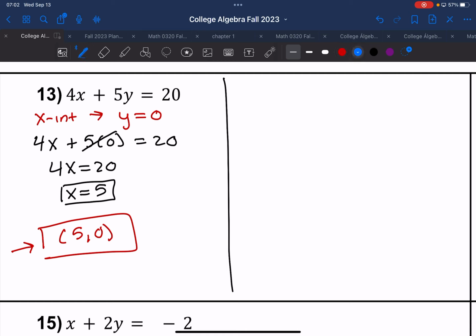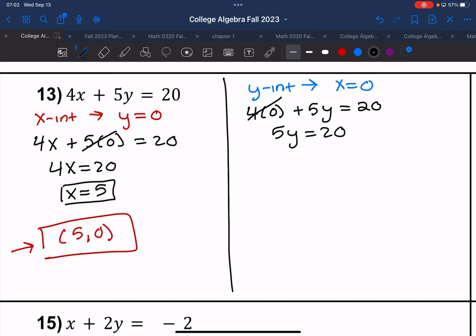Okay. So now we found the x-intercept. We're going to find the y-intercept. And the y-intercept is plugging in 0 for what variable? X. Always the opposite. So we have 4 times 0 plus 5y is equal to 20. That 4 times 0 cancels, and we're left with 5y is equal to 20.